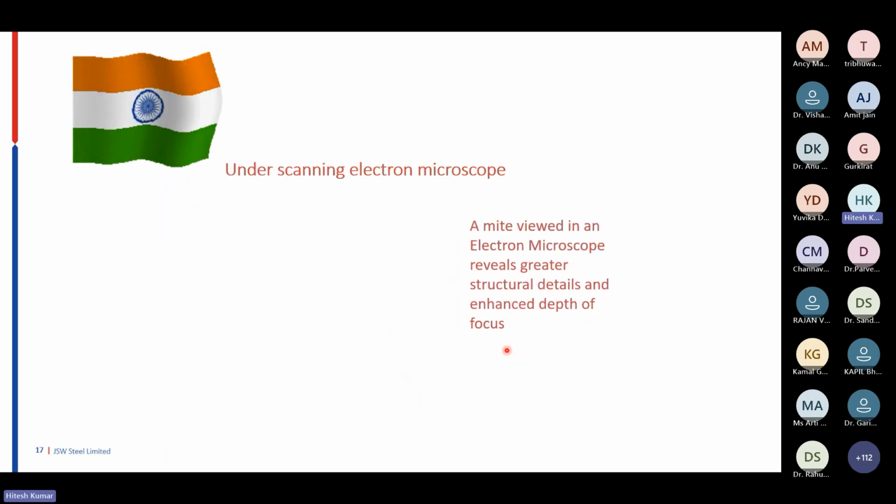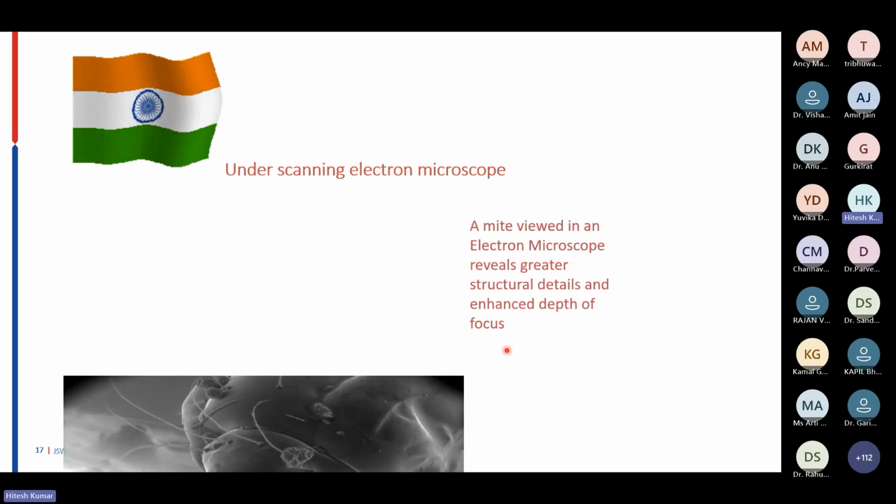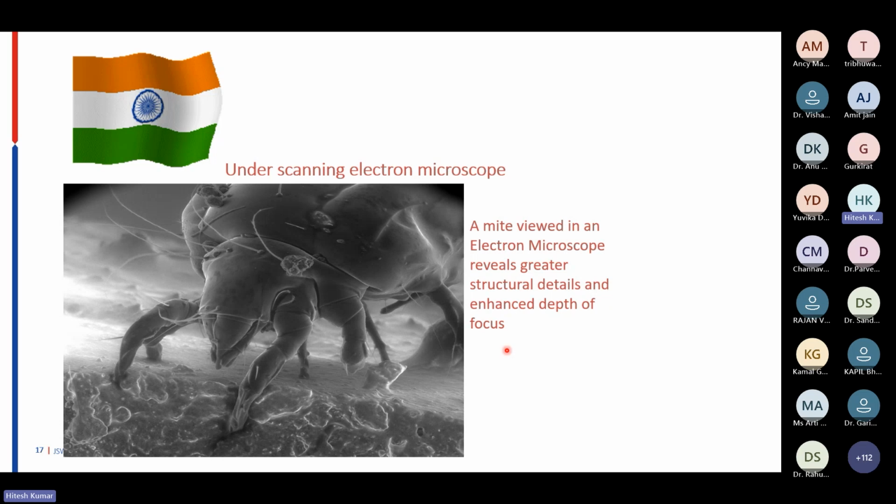After playing with different parameters, this is the image which we captured. So this is all about how you play with your electron microscopy. This basically improves the depth of focus. We could easily capture it, and you can see the resolution of your microscopy.